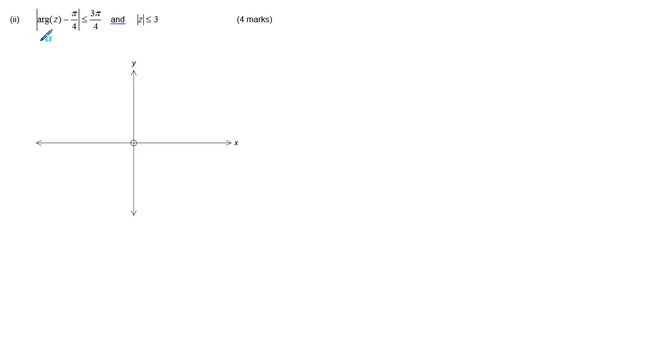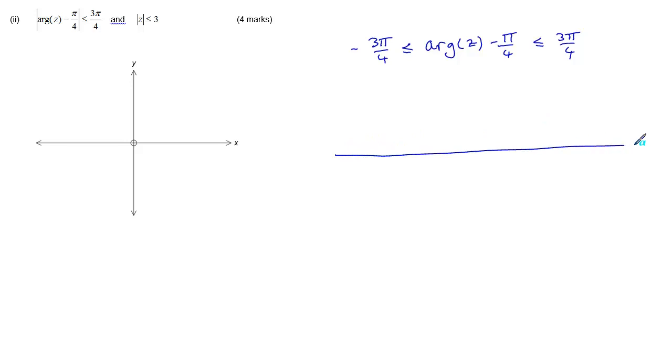So here we have the modulus of arg z take away pi by 4 is less than or equal to 3 pi by 4. So that means that arg z take away pi by 4 must be greater than or equal to -3 pi by 4 and less than or equal to 3 pi by 4. Think about a number line here going from minus 3 pi by 4 to 3 pi by 4.